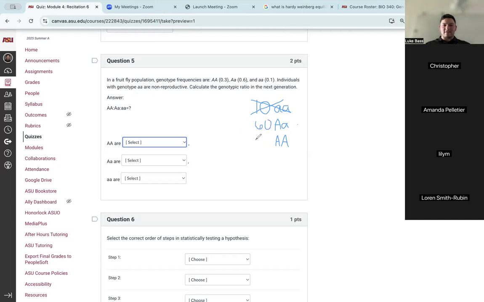Okay, so we have 60 heterozygotes, 30 homozygotes. Let's look at the dominant one first. Let's say 15 of those all chose the other dominant AAs, 15. So 15 of the homozygous dominant. This would be how we would get our least possible amount of heterozygotes in the next generation. Does that make sense? This is how I'm approaching the problem.